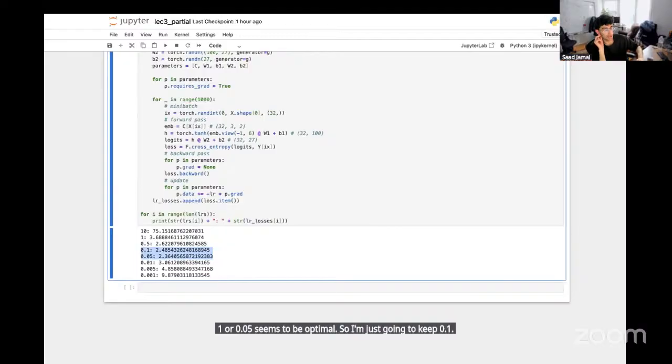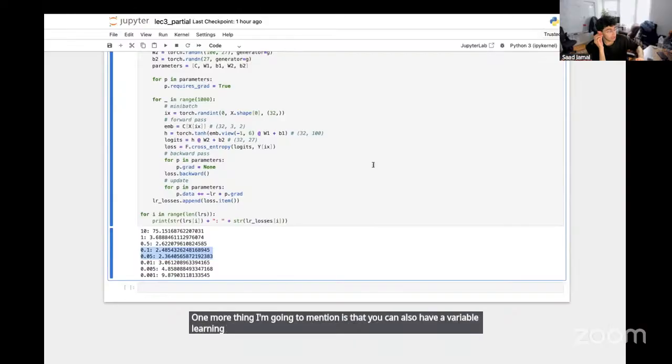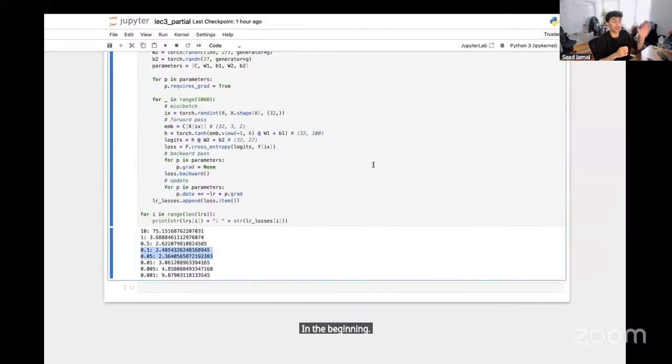One more thing I'm going to mention is that you can also have a variable learning rate. In machine learning, sometimes instead of having the same learning rate over time, usually if you begin your ML training with random weights, in the beginning your loss is going to tank, right?